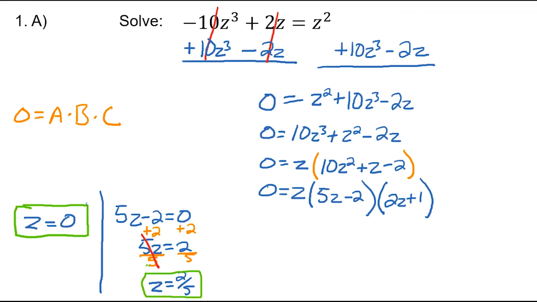And then finally, we take our third factor, which is 2z plus 1, and we set it equal to 0, and we do the same thing. We just solve for z. So subtract 1 from both sides, and the result that I get will be 2z is equal to negative 1, and then divide both sides by 2.